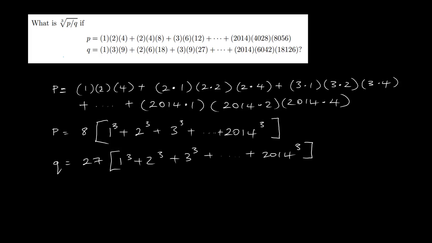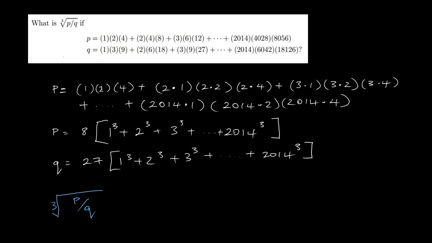All right, so now that we've identified all of this, we could say that when we are rewriting this in our final solution, we have the cube root of p over q.